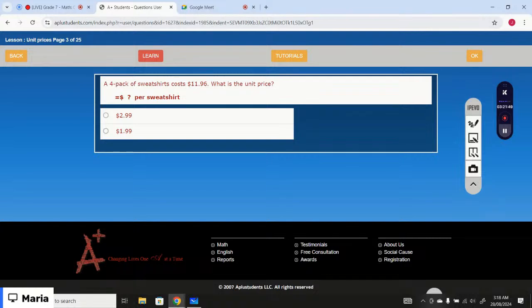Okay, the next one is a 4 pack of sweatshirts costs $11.96. So what is the unit price? You need to calculate the price of one shirt. So which is the correct option? You have to divide 11.96 by 4.